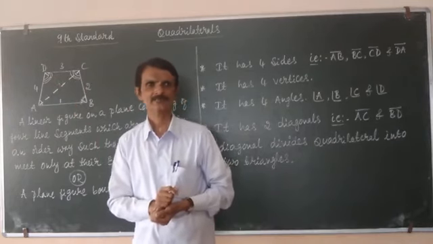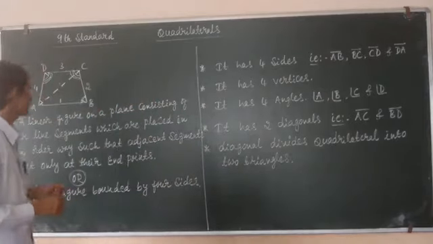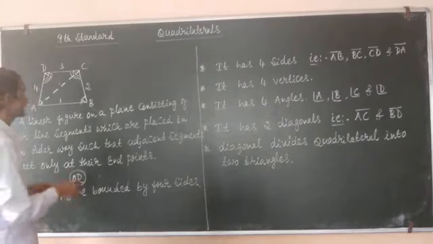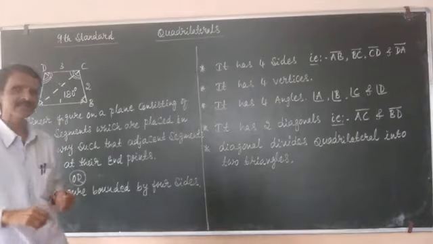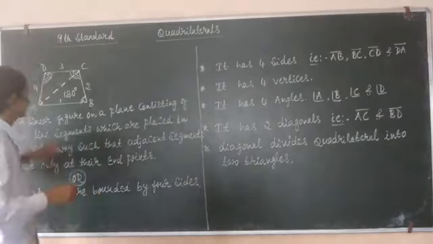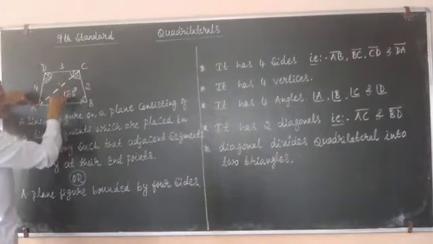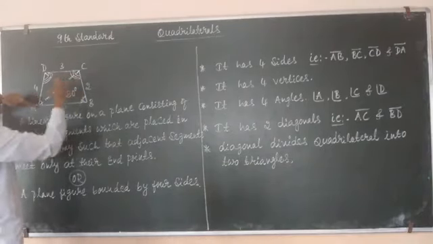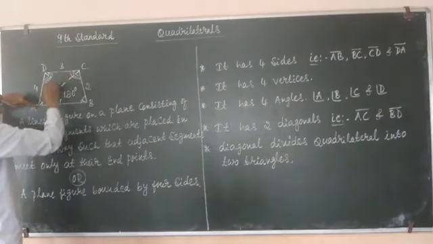Already you know that in a triangle, the sum of the interior angles is equal to 180 degrees. Similarly, in triangle ABC, the sum of the angles is 180 degrees, and in triangle ADC, the sum of these angles is equal to 180 degrees.